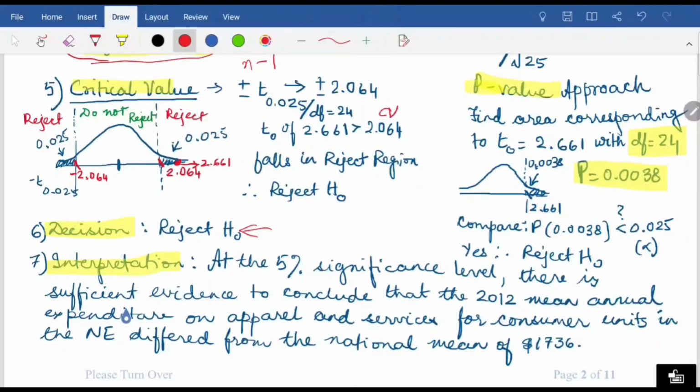So you're going to say there is sufficient evidence to conclude that the 2012 mean annual expenditure on apparel and services for consumer units in the Northeast differed from the national mean of 1736.